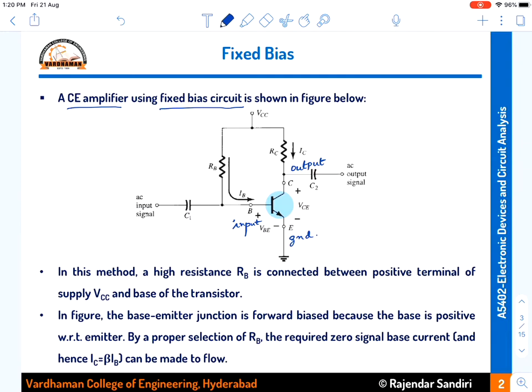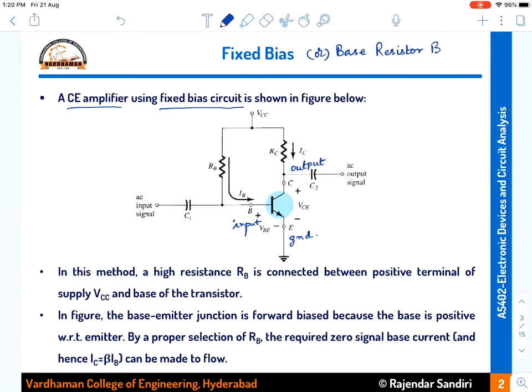In this circuit, we are using the fixed bias biasing scheme. Fixed bias means we connect a resistor RB to the base circuit between VCC and the base. Then we call this method the fixed bias method or base resistor method, base resistor bias.